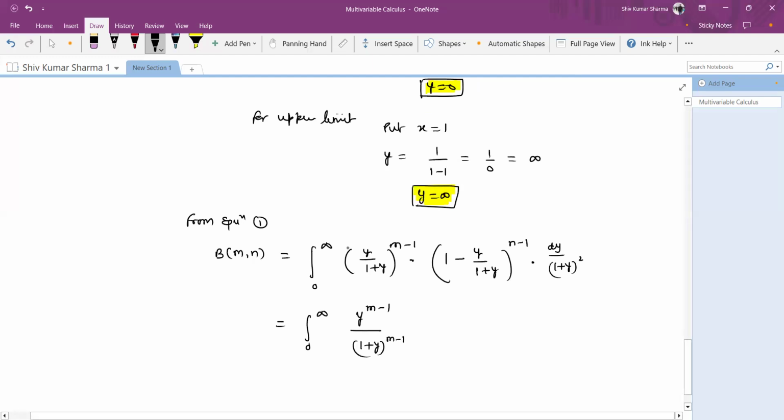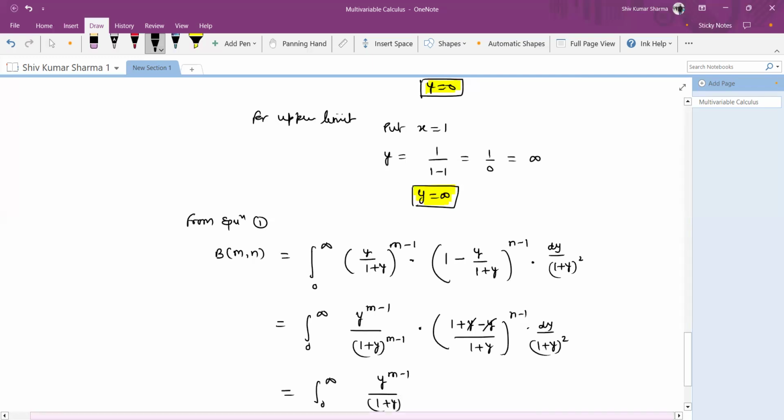Separately, when we solve the second term, we can write 1 plus y minus y upon 1 plus y, raised to the power n minus 1, into dy upon 1 plus y to the whole square. So y and y cancelled.